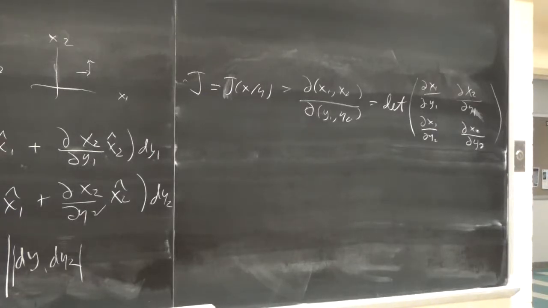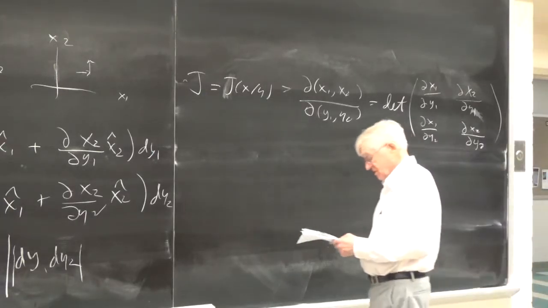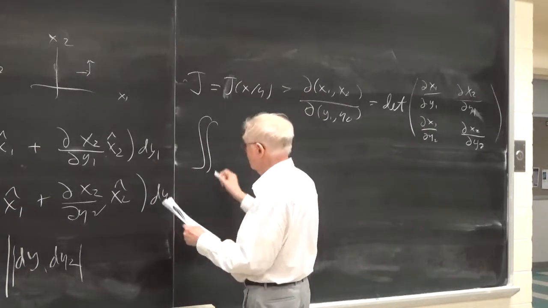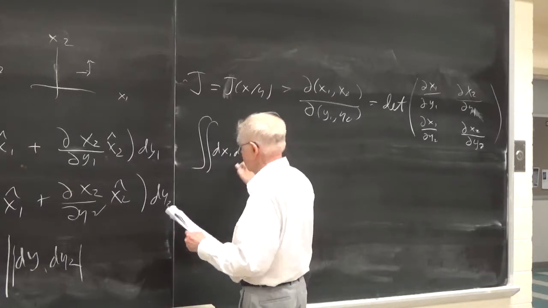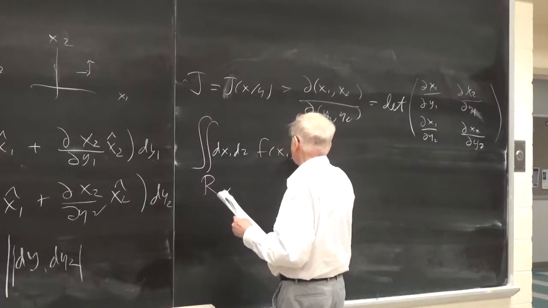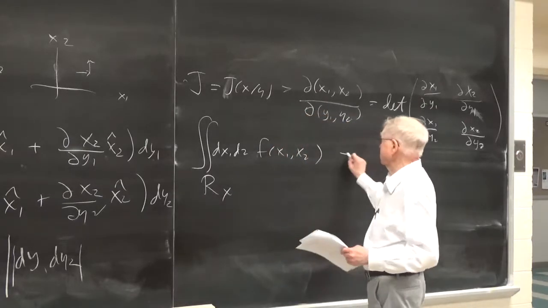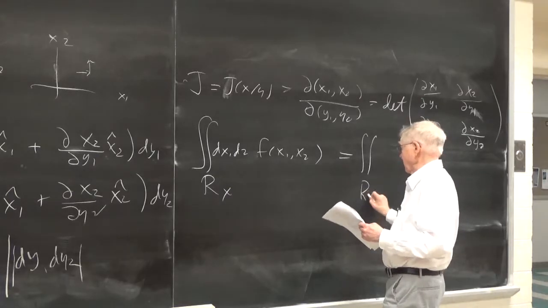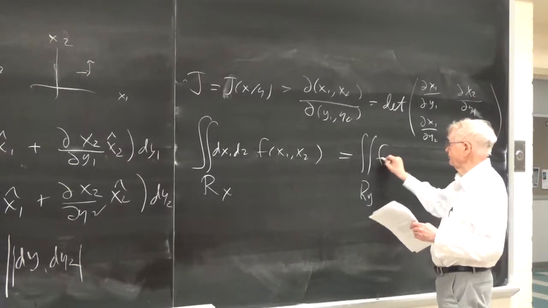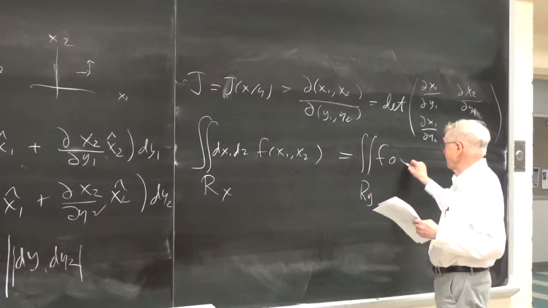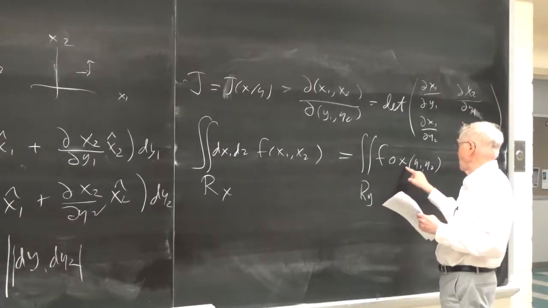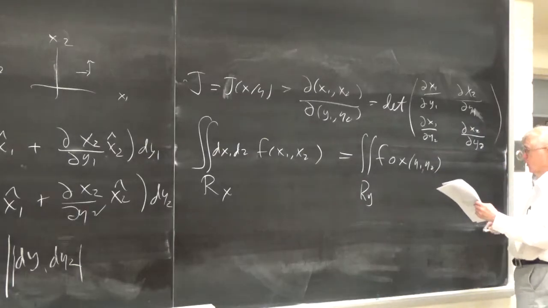Okay, so that's the Jacobian, and one reason why this is useful is that if we're integrating over some region, dx1, dx2, over some region Rx, f of x1, x2, and we want to change variables, integrate over some Ry, we can write this as f of x of y1, y2.